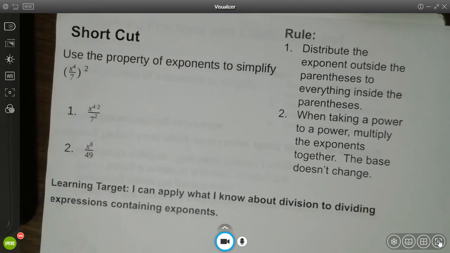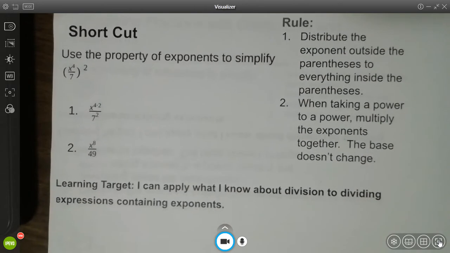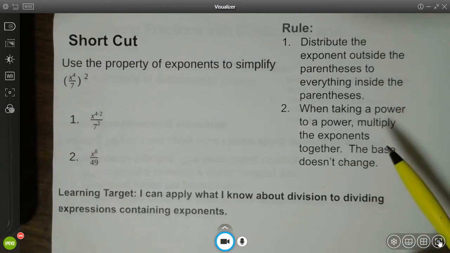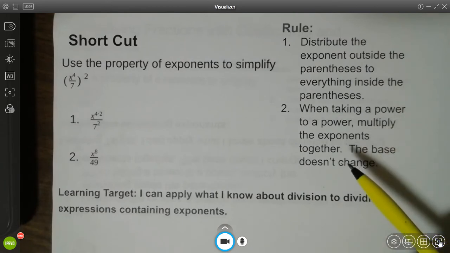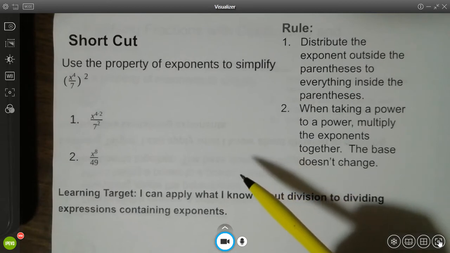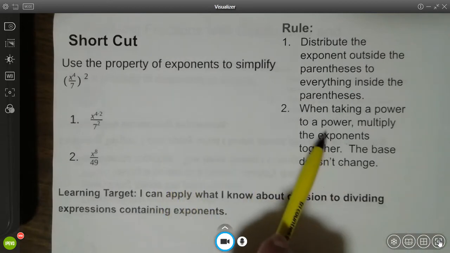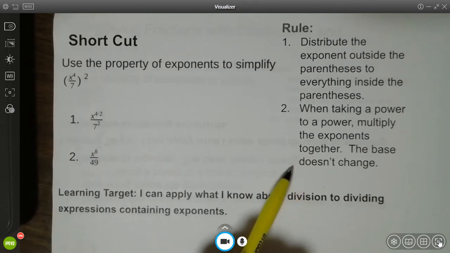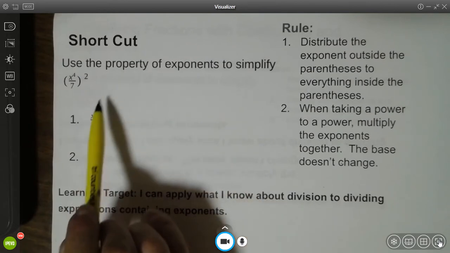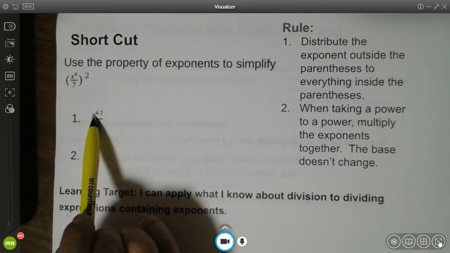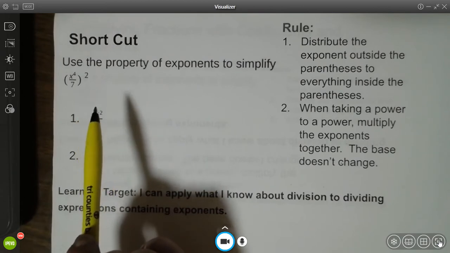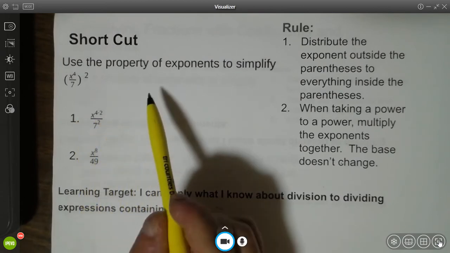And as always, there is a shortcut. The rule still says distribute the exponent outside the parentheses to everything inside. And then we have to remember our taking a power to a power rule. We multiply the exponents together. Our base doesn't change. So we're going to jump right to x to the fourth. When they're squaring that, we know from what we learned last time, we can multiply the exponents.